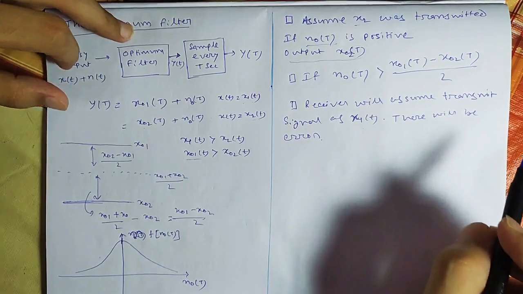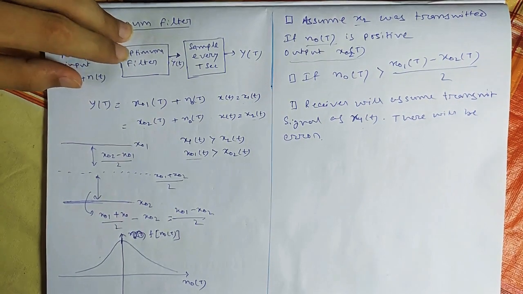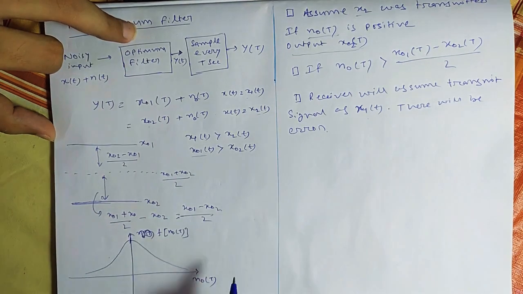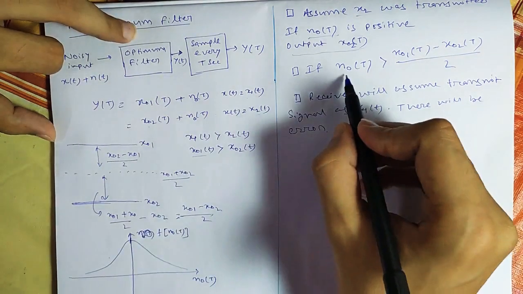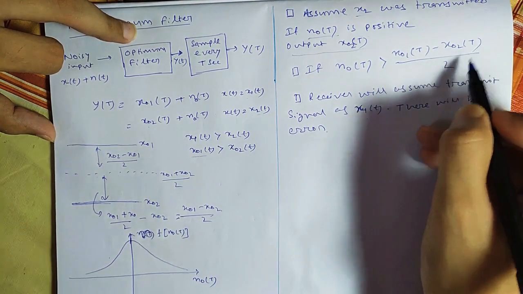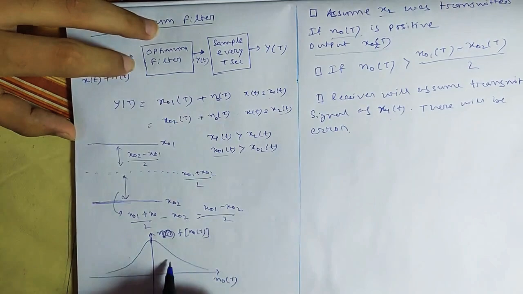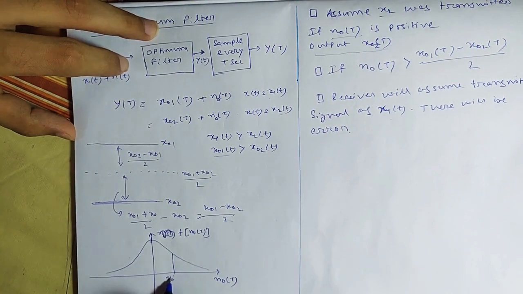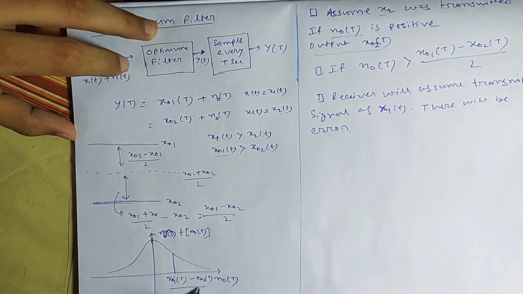So there will be some error, and that corresponds to n0(t) greater than (x01(t) minus x02(t)) by 2.